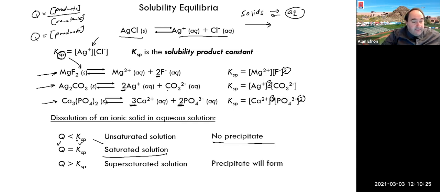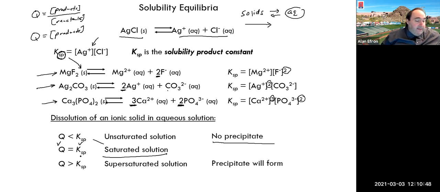A saturated solution is pretty much a solution where you've hit the maximum amount of solute that will dissolve at that temperature. And that means if you're at a saturated solution and you dump more solid in there, for example, it's not going to dissolve. So it's just going to start piling up there on the bottom.